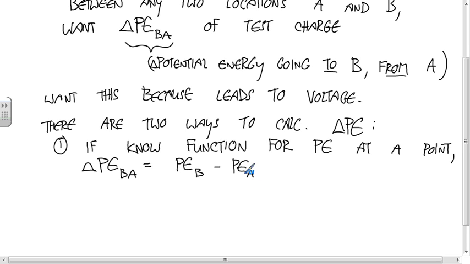So for example, potential energy isn't just electricity. Potential energy is any conservative force. So this is how you could calculate a change in potential energy, like for gravity. Or did we already do the one with gravity?